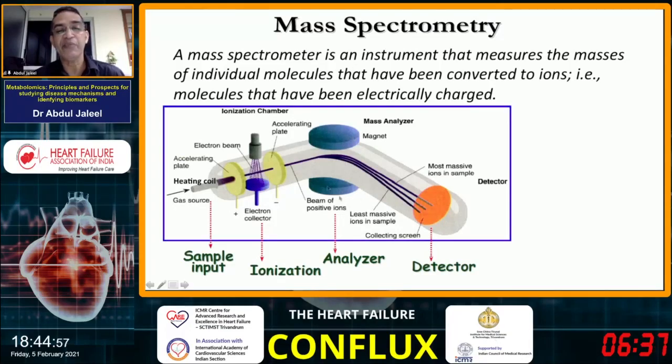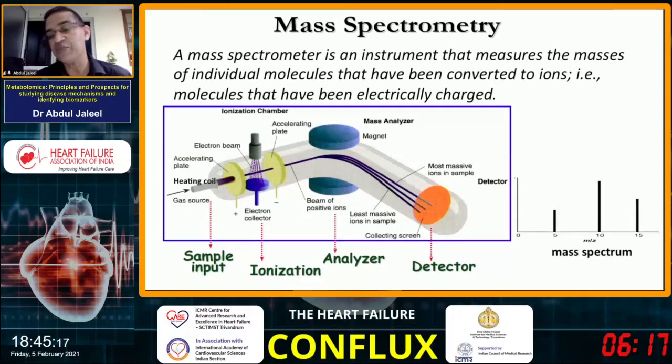Then there is a magnetic field called the analyzer, where the ions get deflected according to their mass to charge ratio. Finally, it reaches the detector, where it detects and measures the mass to charge ratio, and it gives you a mass spectrum on your computer screen, where the x-axis is the mass to charge ratio.